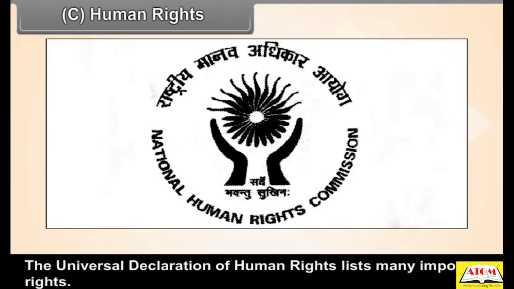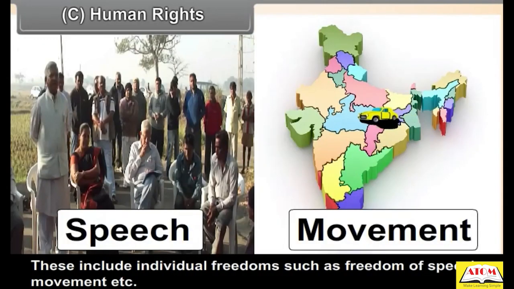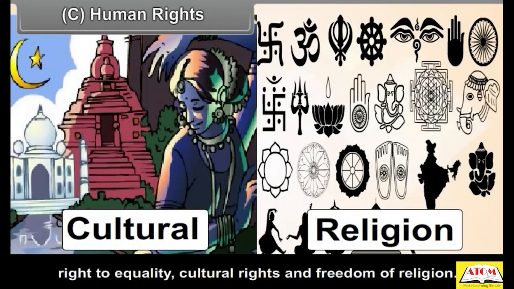The Universal Declaration of Human Rights lists many important rights. These include individual freedoms such as freedom of speech, movement, etc., right to equality, cultural rights, and freedom of religion.